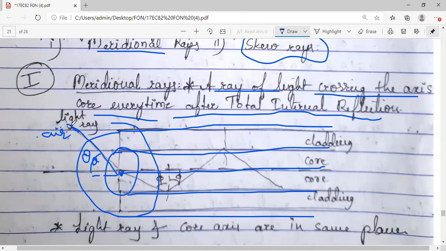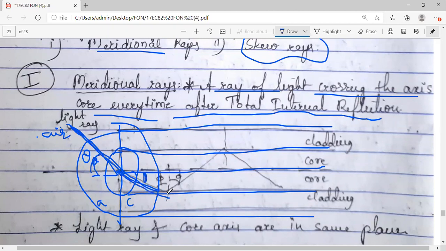So this is the source, and that is a ray of light. It hits here, at the interface between air and the core. When it hits, it undergoes refraction here, a slight bending. This is your angle of refraction, and this is your acceptance angle.